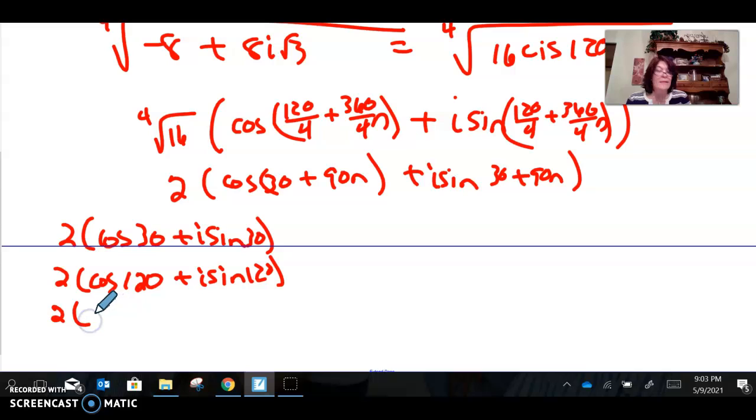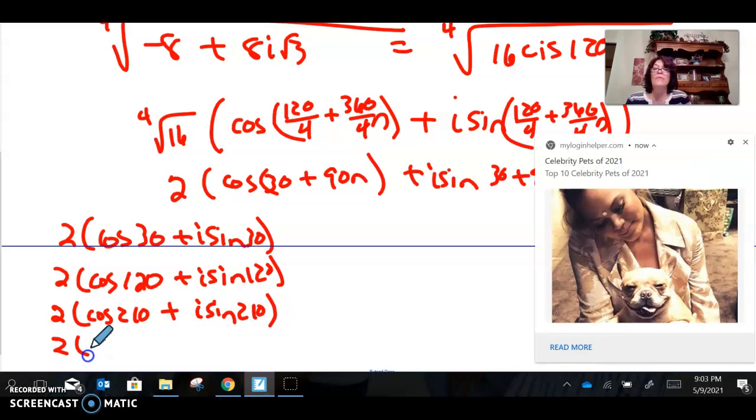And then we're going to add 90 more, so that's going to be cosine of 210. And I'm going to add 90 one more time: cosine of 300 plus i sine of 300.